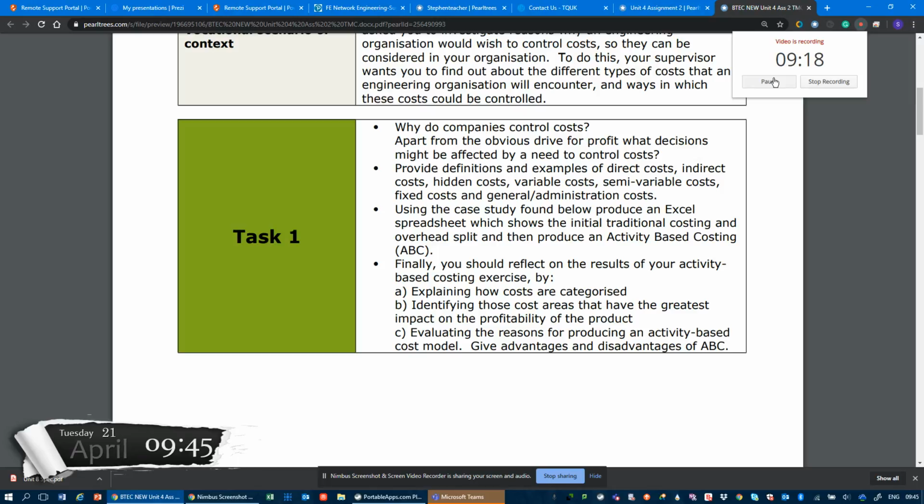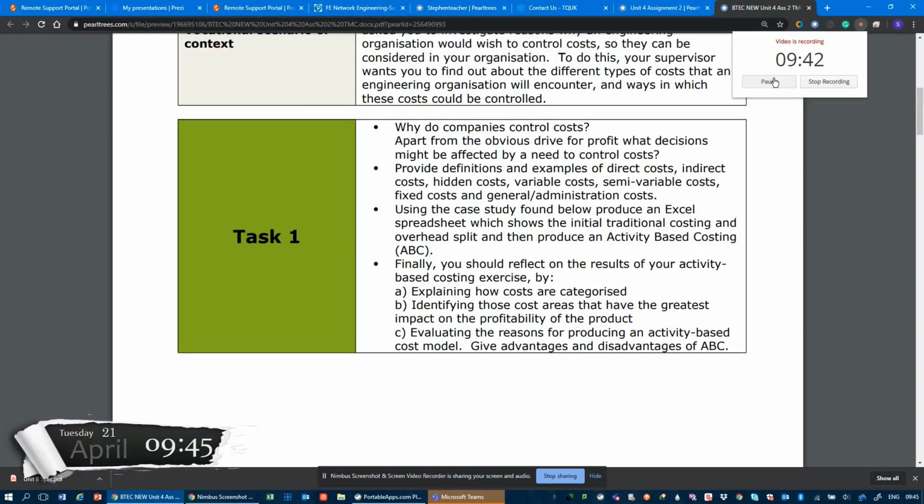So, for example, the design department, the HR department, the finance department, the computers that all the office staff use are not directly involved in making the product, but are a necessary part of the business. So they would be indirect costs or overheads.